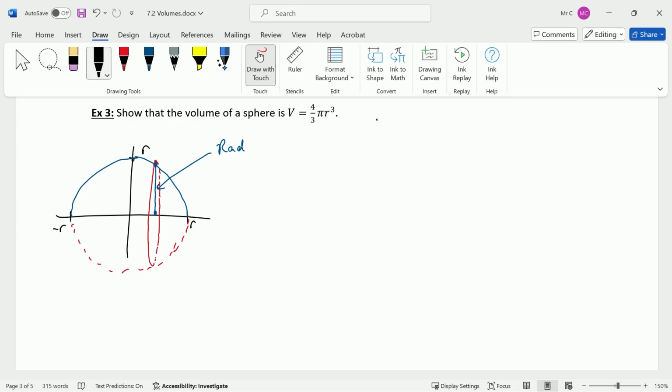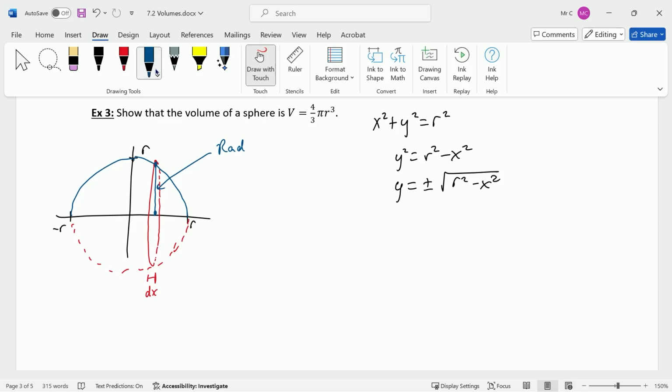So what do I know? I know that for a circle, I get x squared plus y squared is r squared. So y squared equals r squared minus x squared. And y equals plus or minus the square root of r squared minus x squared. And I solved this for y because I wanted my function in terms of x, because that was the thickness for that disk that I drew.